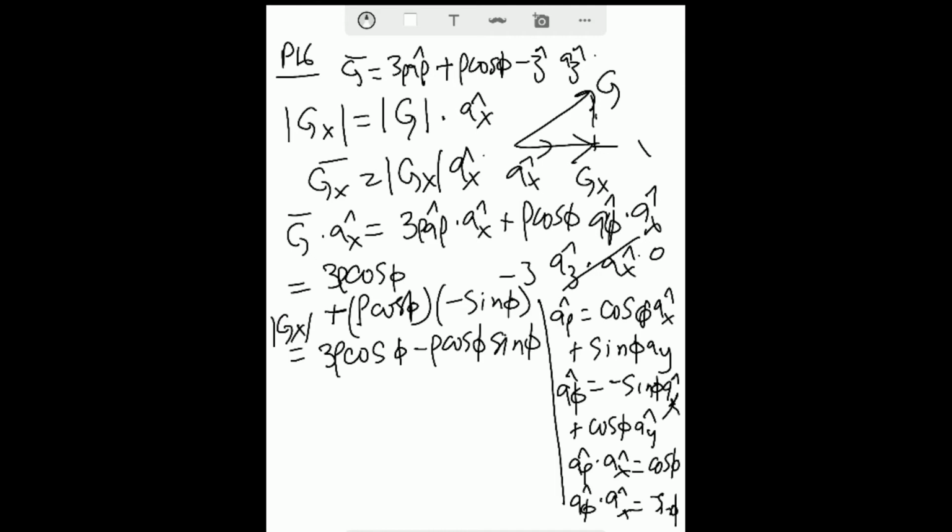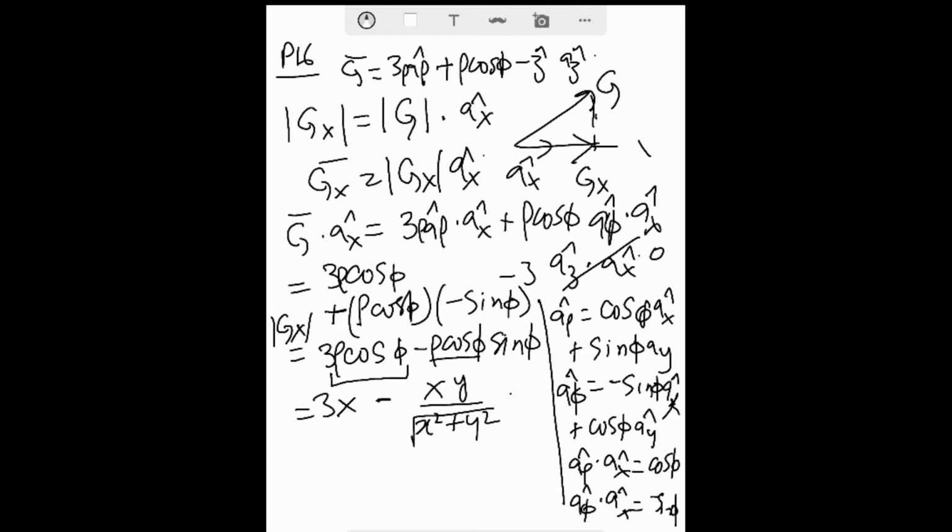Now one more step is to convert this to Cartesian. This is a very easy conversion. This is x, so I can just write 3x, and this is again x, so minus x, and sine phi, if we look at the rules, is equal to y divided by the square root of x squared plus y squared.